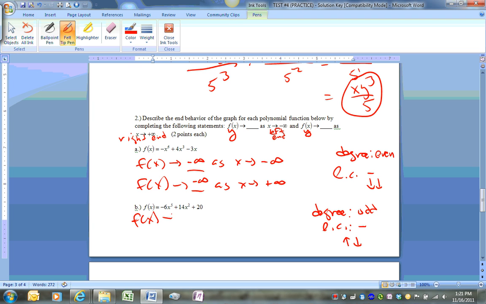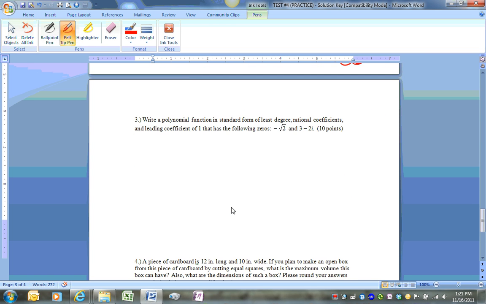So what we expect to write for this one, f of x, as x approaches, y is obviously going to be approaching positive infinity for the left end, and negative infinity for the right end, because we're pointing down when x is going towards the right. So that's how you do parts A and B for number 2.